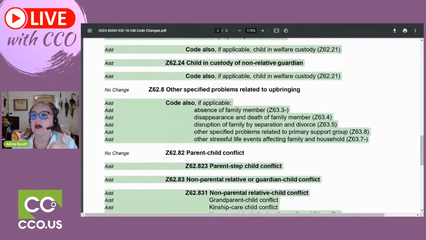Moving along, we have added under there, code also, if applicable: absence of family member, Z63.3, there are more characters there because it defines what family member; disappearance and death of family member, Z63.4; disruption of family by separation and divorce, Z63.5; other specified problems related to primary support group, Z63.8; and other stressful life events affecting family and household, Z63.7.